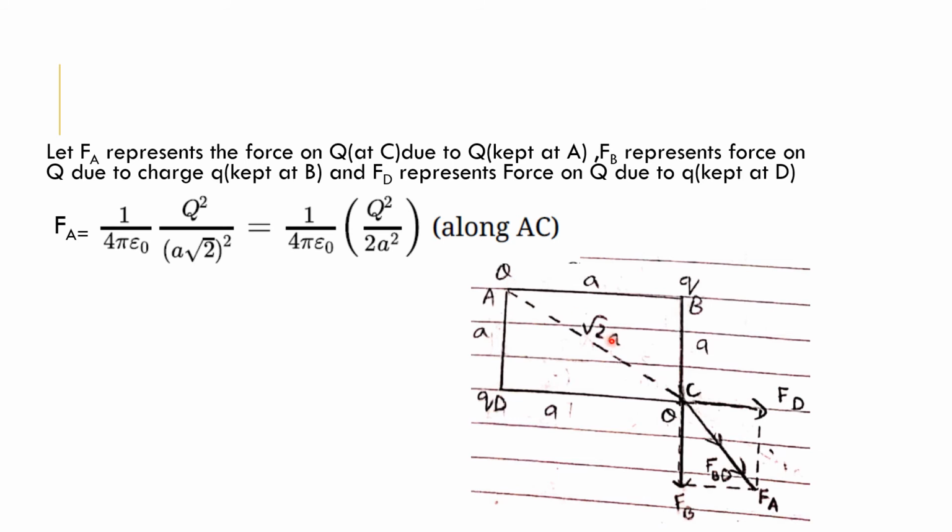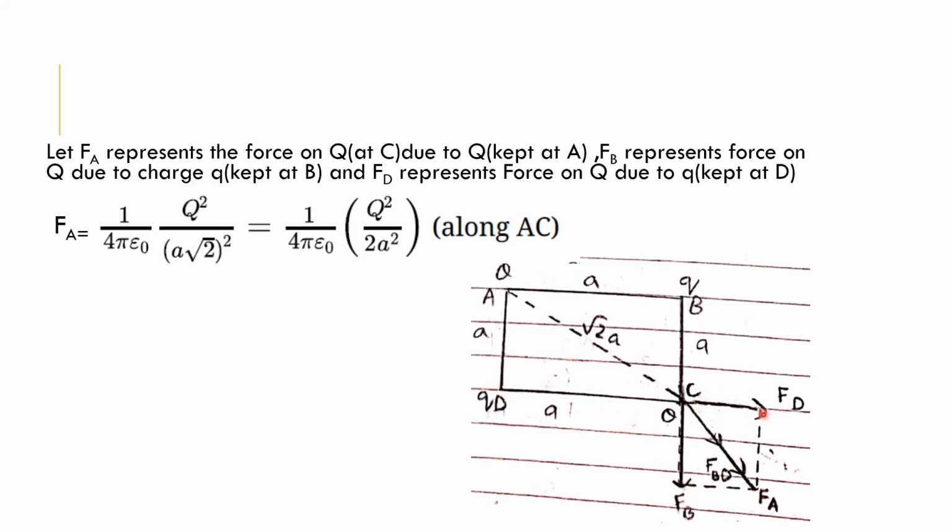Let us denote the force on Q, kept at C, due to the charge at A as FA, which will act in this direction, along the line of these two charges, and since they are repulsive in nature, away from point C. Similarly, due to B, FB is away from that, and due to D, FD is in this direction.